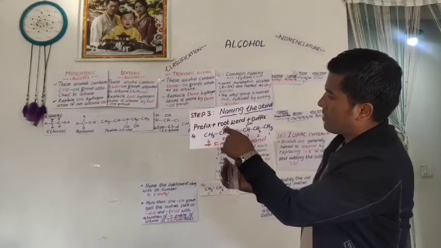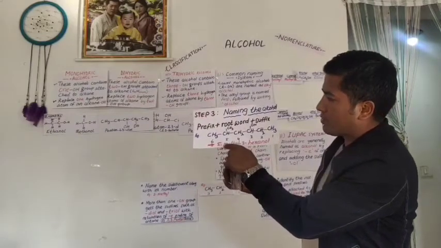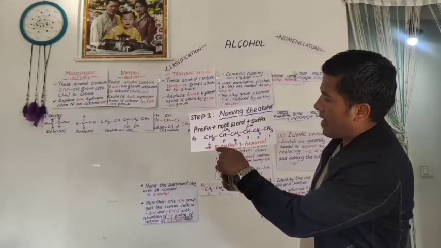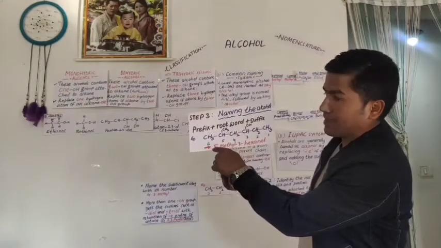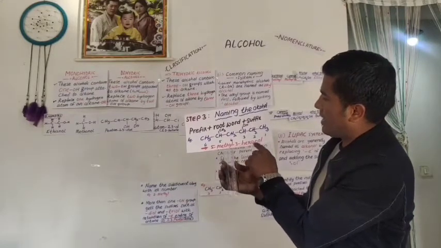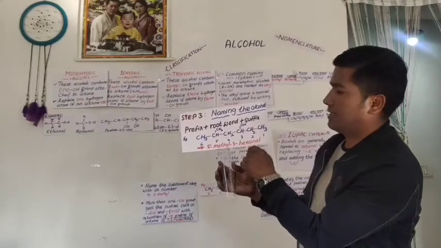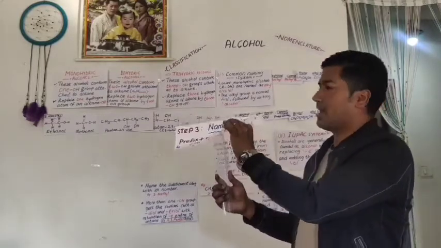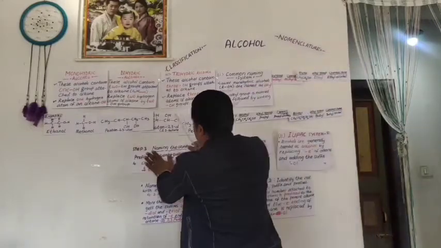Now you see here, the substituent is CH3, and it is on the 5th carbon. So we give 5-methyl as the prefix, then hexanol is the root word with the suffix: 5-methyl-3-hexanol. So this is how we name. Now let's see some examples.